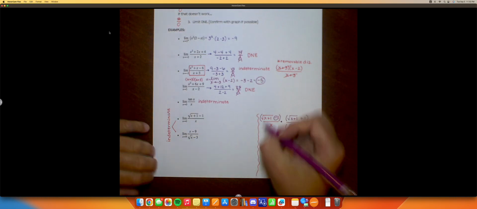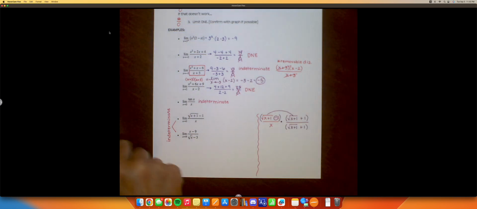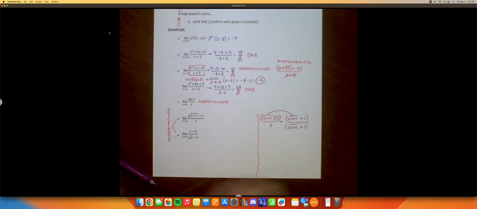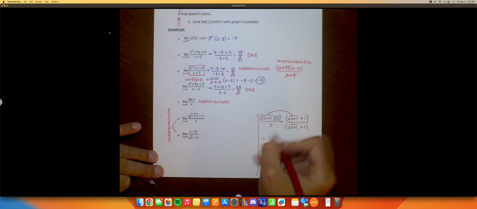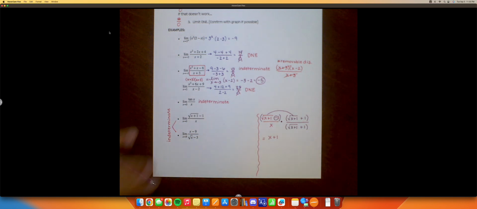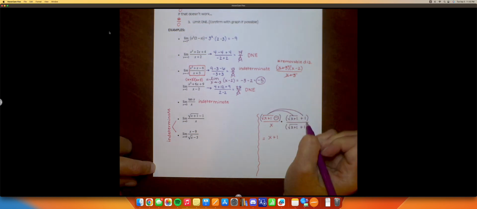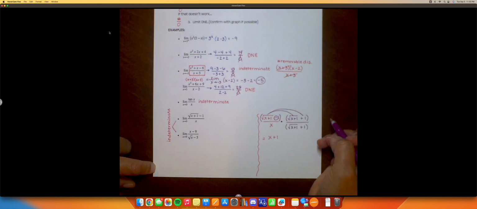So let's FOIL up on the top. When I do square root of x plus 1 times square root of x plus 1, what I end up with, so this is my next line here, is just an x plus 1. Because if I multiply two square roots together, they cancel out. Now, follow me down this next path. Square root of x plus 1 times 1 would give me a positive square root of x plus 1.